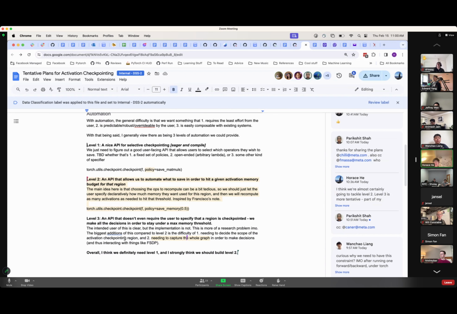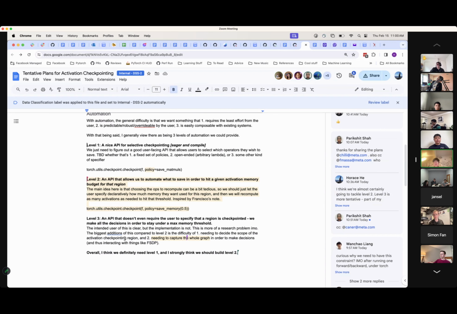As in you don't understand why it can't be done in eager, or you don't understand why this is a computational efficiency thing for level 2? Not that it can't be done in eager, but why a graph break is catastrophic. I mean, in general, I don't think we can even support a graph break for torch compile plus selective checkpointing.